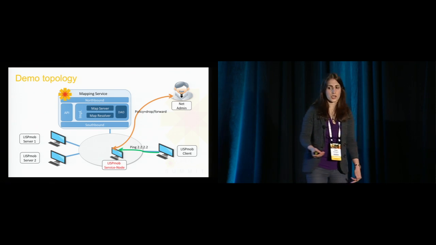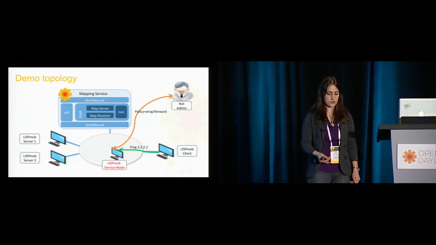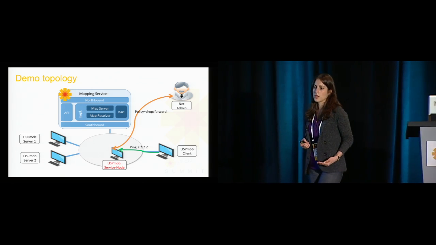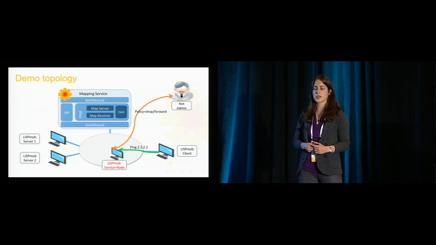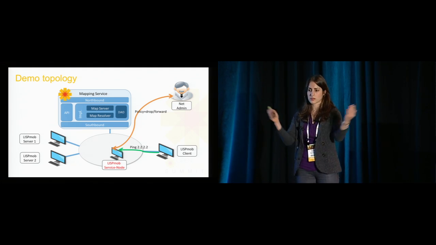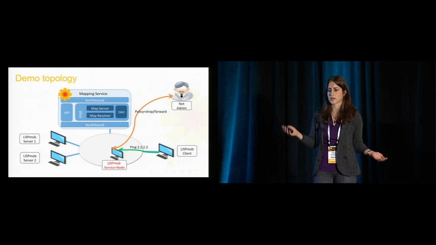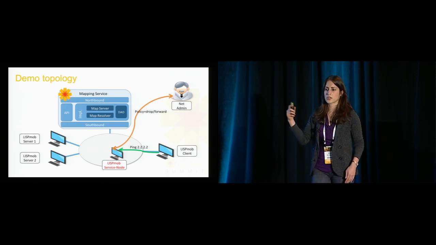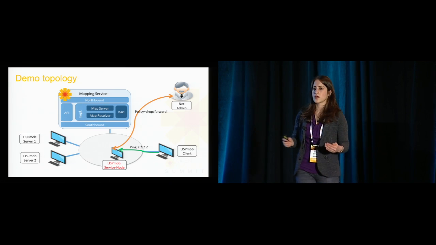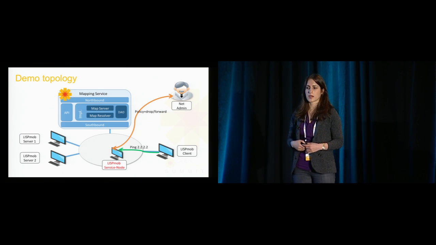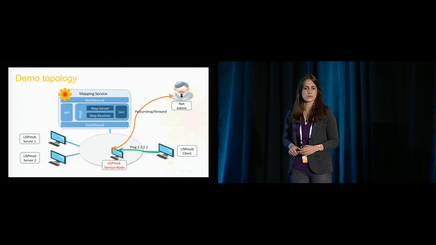Right. You could do learning, and that was also considered in LISP, but LISP was designed for not just a data center setting. It was designed for across the WAN, multiple organizations. So because of security and stuff like that, we don't look at that packet. But yes, it can be done.